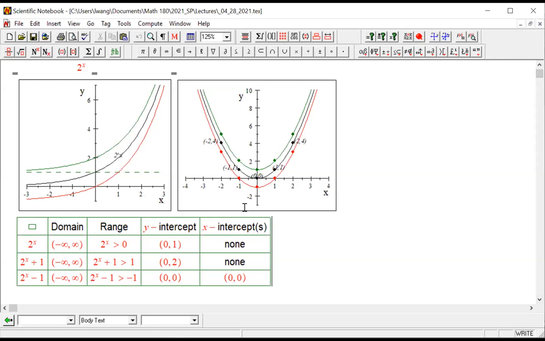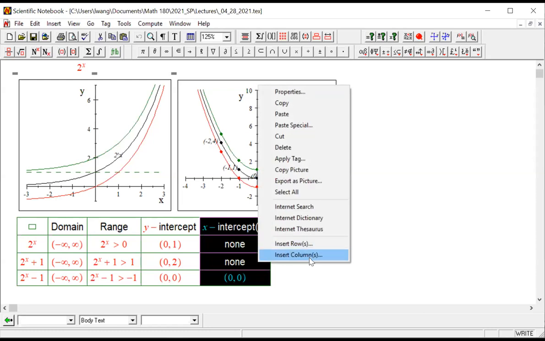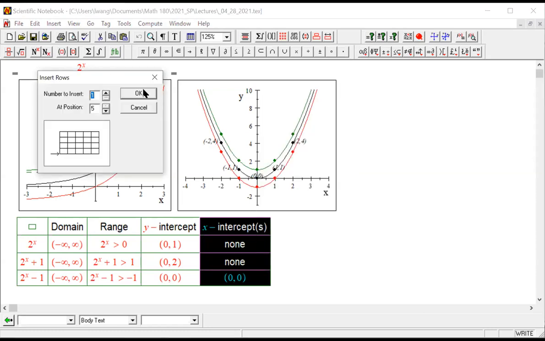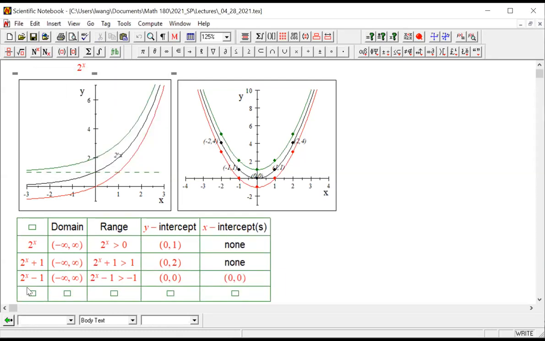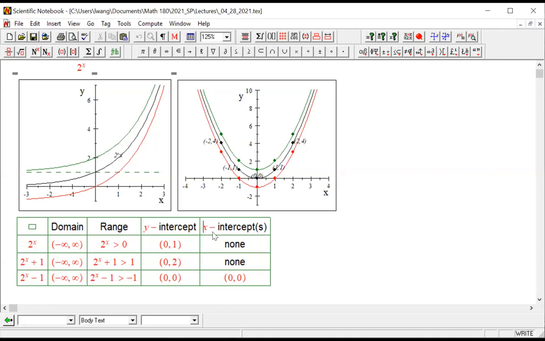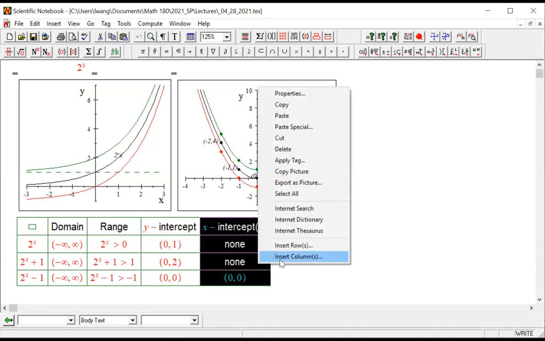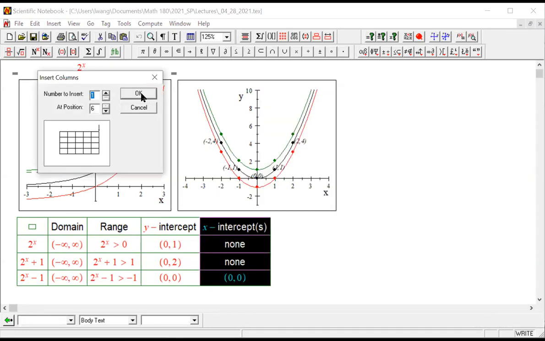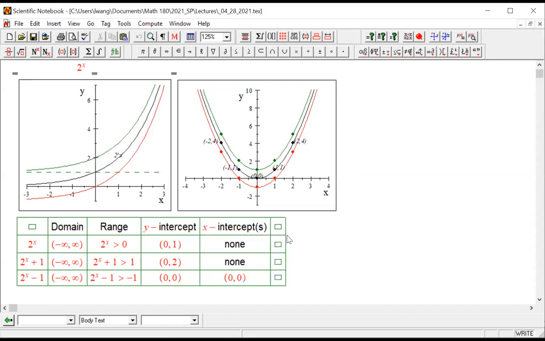I'm going to ask you to give me the equation for the horizontal asymptote. Oh, sorry. I'm going to insert a column here. Here you want to give me the equation of the horizontal asymptote.